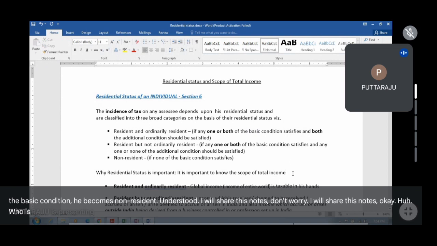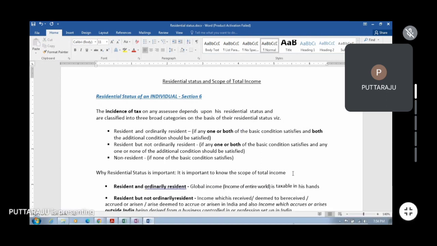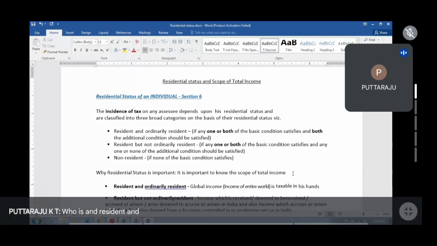Who is a resident and ordinarily resident? Resident is not simply the one who is taxable for both foreign income and Indian income.